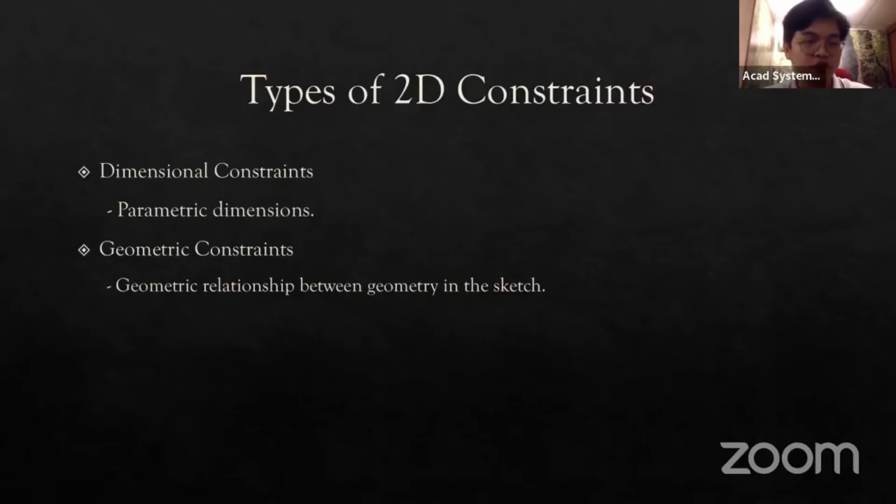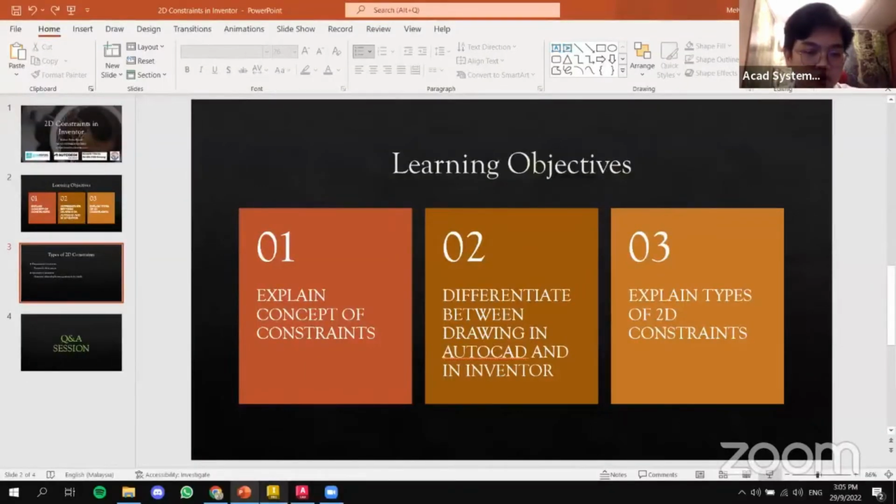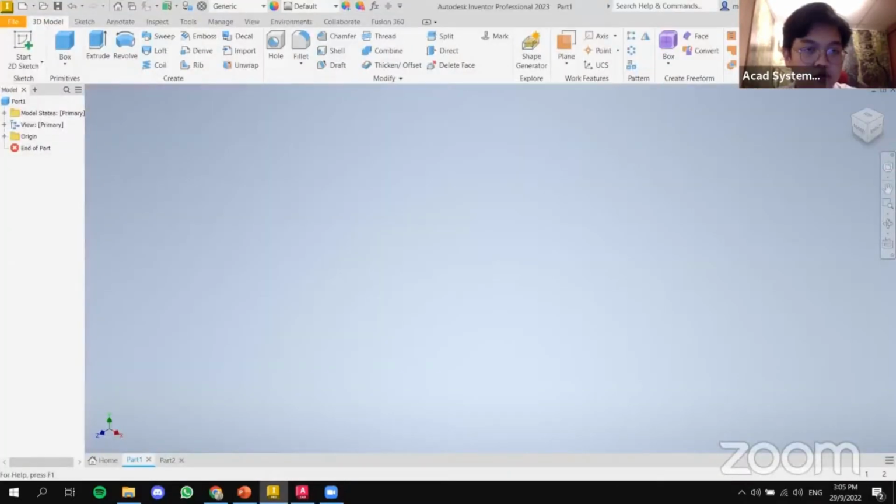Second will be geometric constraints. Geometric constraints are a relationship between 2 geometries in a sketch. Let's say, for example, 2 lines which you constrain to be horizontal or parallel to each other. Okay, so I will show you in Inventor.